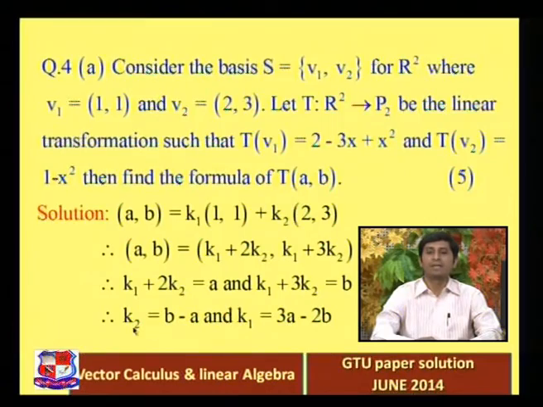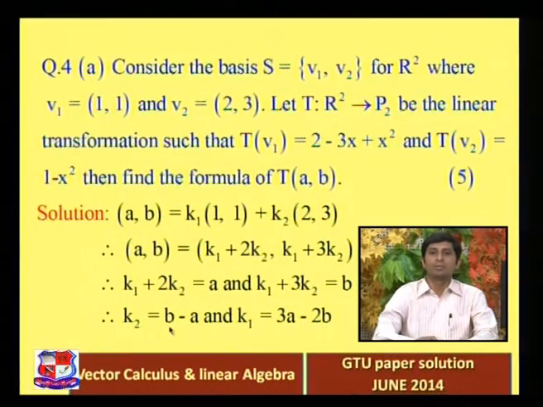Then put the value of K2 in one of the two equations. Put K2 equal to b minus a in the first equation, and you will get K1 equal to a minus 2b plus 2a. So finally K1 is equal to 3a minus 2b.